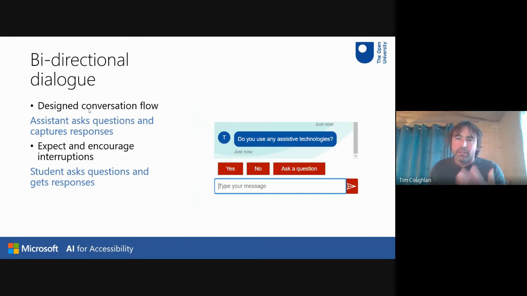The advisor will ask a question or talk to the student or provide them with some information, but the student might then come back and ask questions of their own. So we were interested in making sure that this replicated that in some way. It was gathering information about the student, but also allowing them to learn something and to query anything they wanted to do.